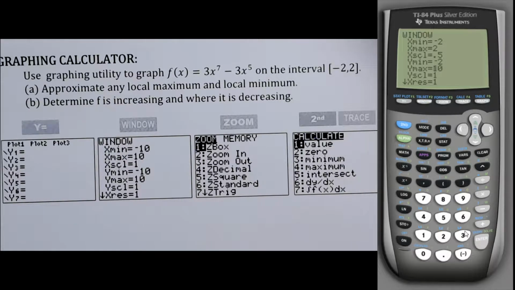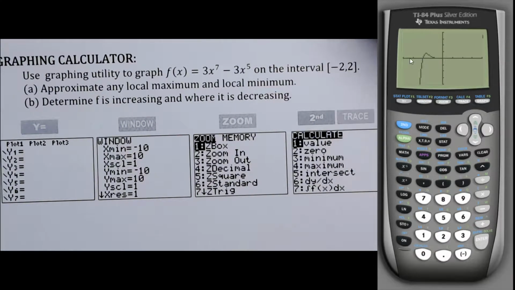So -2 to 2, and the scale says 0.5, and then we can graph. Notice that the window will go from -2 here and to 2 here. Looks like we're going to have the minimum here and local maximum here, local minimum here. Then we just need to find it.